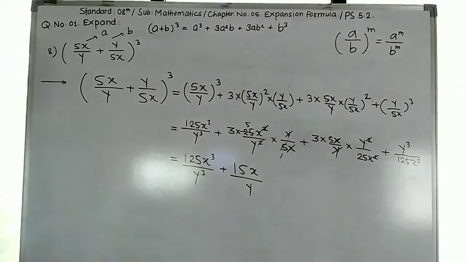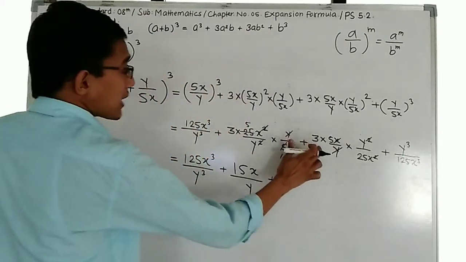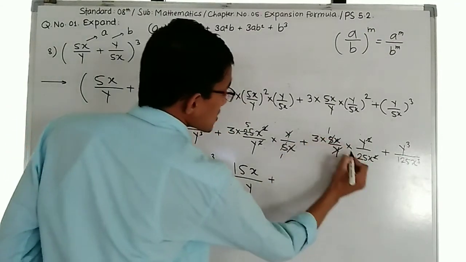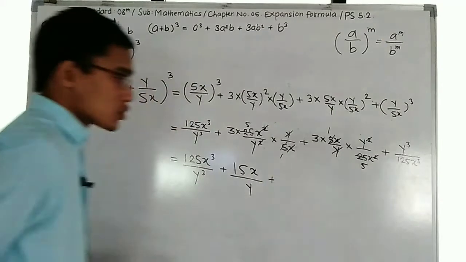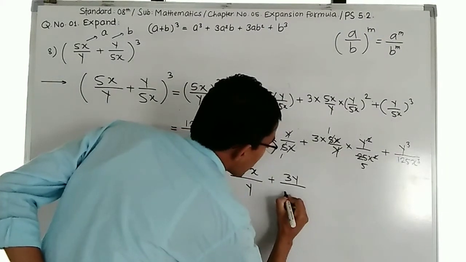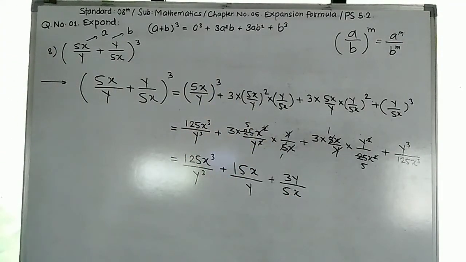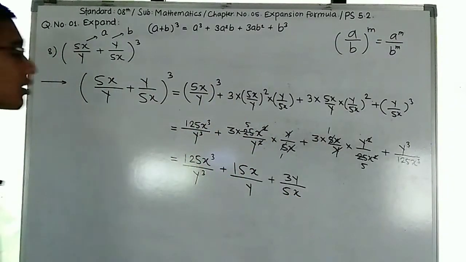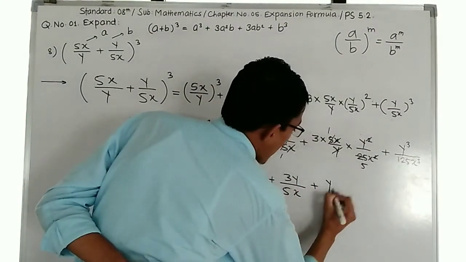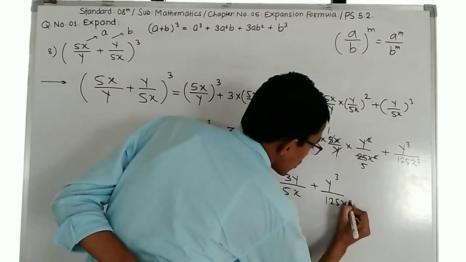So we got 15x upon y, then plus again 5 1s are 5 and 5 5s are 25, so we got 3y upon 5x, plus y cube upon 125x cube.